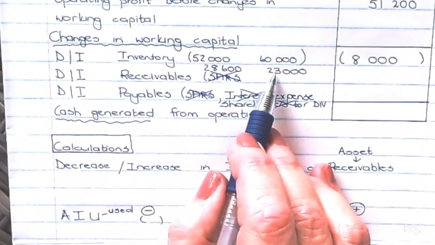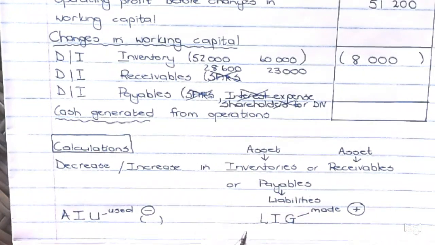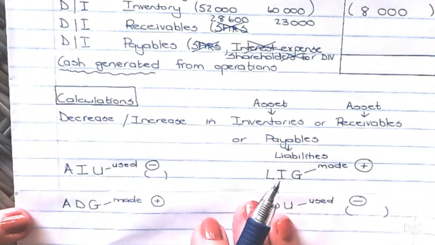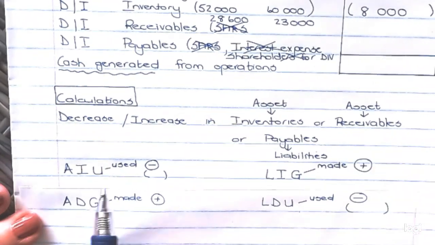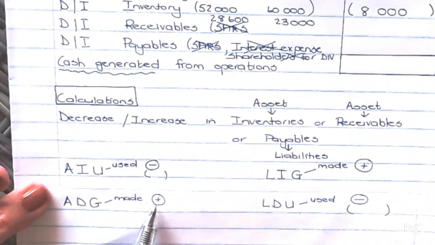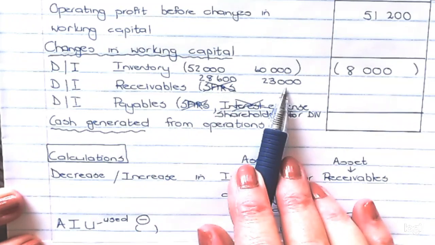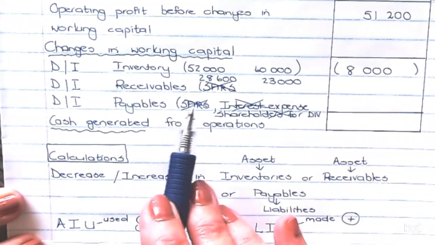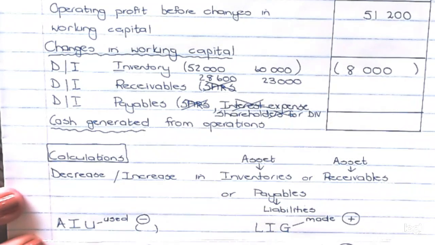Well, it has decreased. Now, if an asset, receivables, decreases, money is generated. So it's made. So it's positive. It has decreased in value, and because it has decreased in value, our outflow of cash wasn't that high.